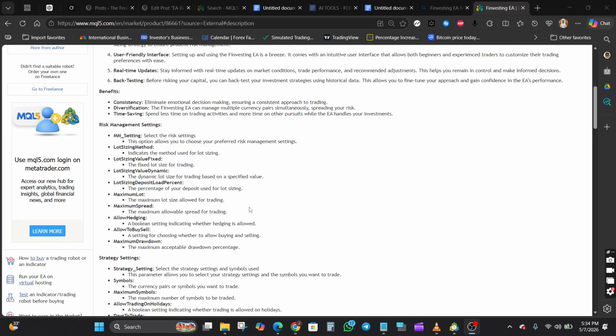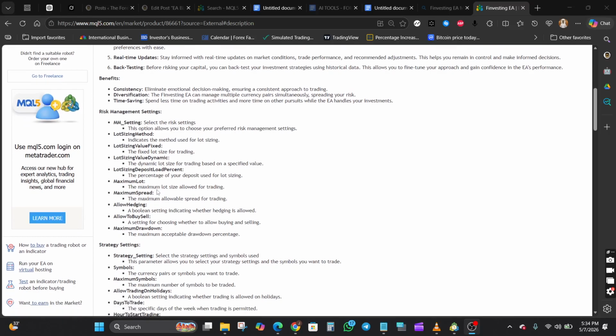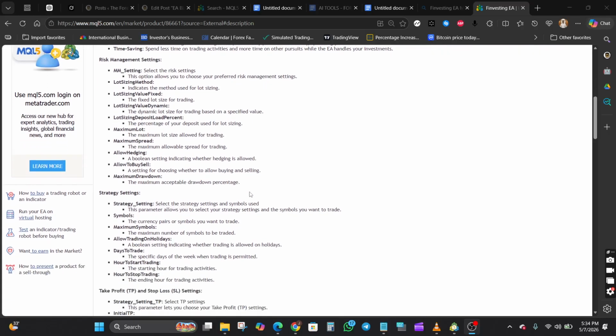That tells me the EA is designed to scale differently depending on account size and risk appetite. There are also maximum lot controls, maximum drawdown limits, spread filters, and the ability to control whether the EA can buy, sell, or hedge.